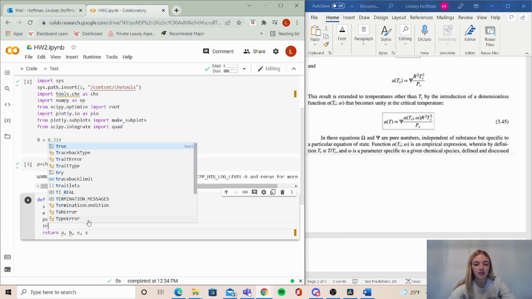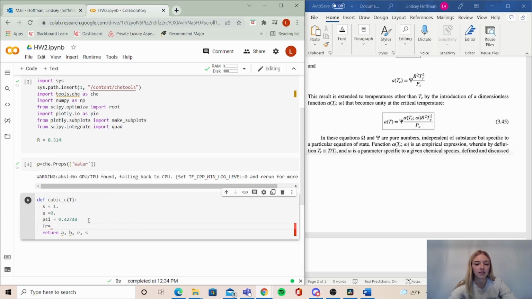So we'll call it TR is equal to our temperature divided by, and to bring in the properties from our tools, we do P dot TC, the critical temperature.